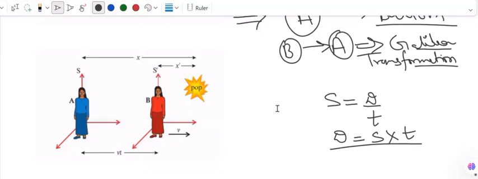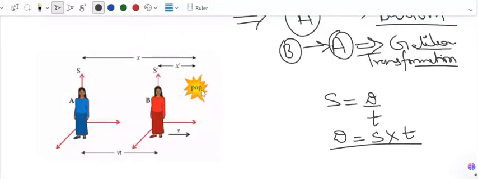A and B measure the time and position of the event of this pop. For this, they will use the clock in their own frame of reference, but to transform the measurement they need some reference points, to know where this pop is happening.